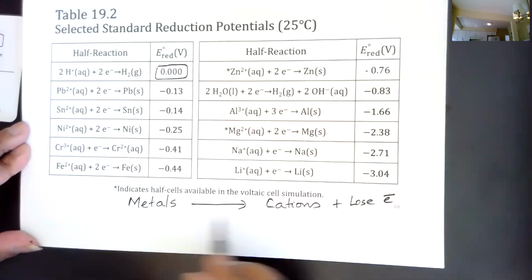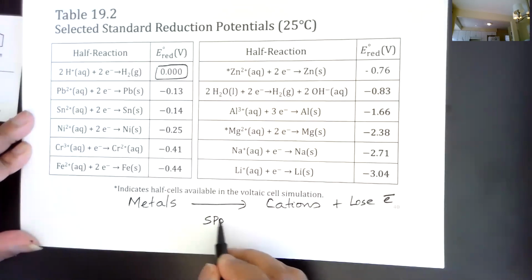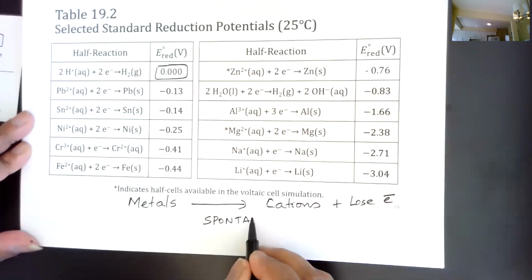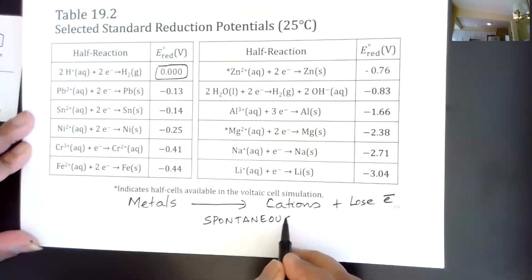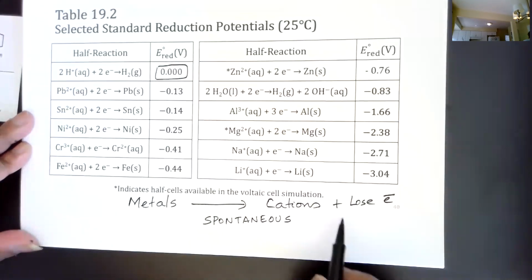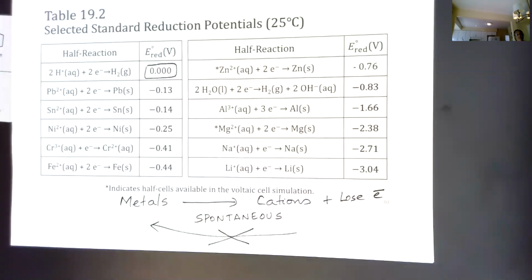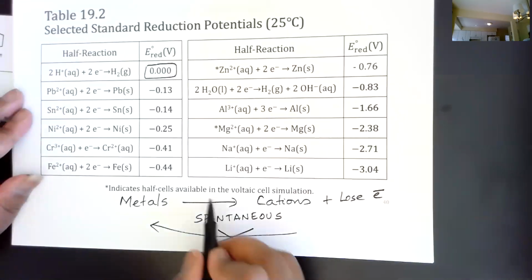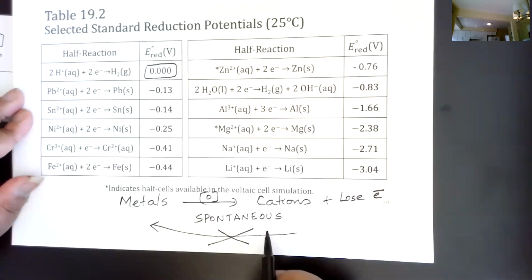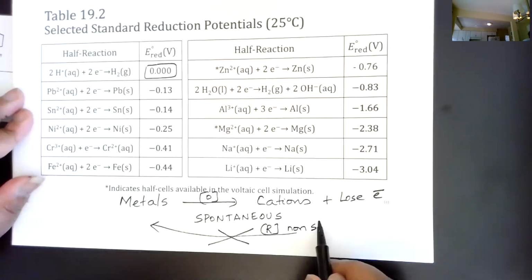They like to do this. This is spontaneous. Now, if you tell the cations, pick up some electrons and become metals, this is non-spontaneous. So oxidation is spontaneous, reduction is non-spontaneous.